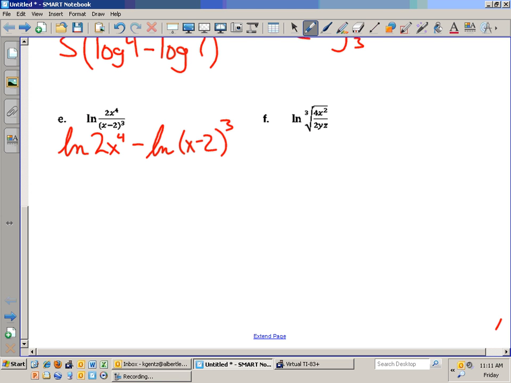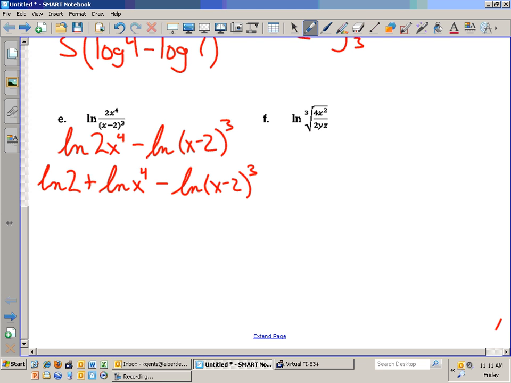Now be very careful. In the first problem, 2x to the fourth, is the 2 being taken to the fourth power or just the x? Just the x. So I can't just write the 4 out in front. I first must break it up, as this is the product of 2 things. So I can rewrite this as the natural log of 2 plus the natural log of x to the fourth minus the natural log of x minus 2 to the third power.